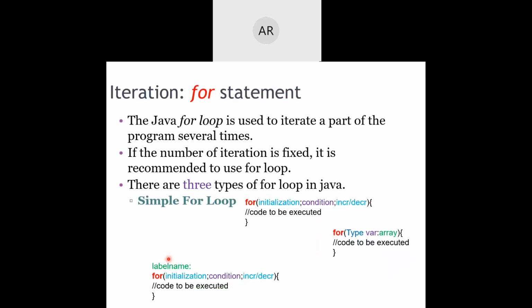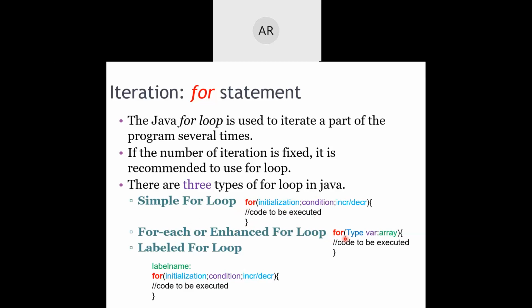For the for loop, there are 3 types of for loops coming here. The simple for loop, you are well aware of it from the C and C++ background to JavaScript background. The for each or enhanced for loop or shortcut for loop, we have seen with regard to our marks array, where we had int k colon marks.